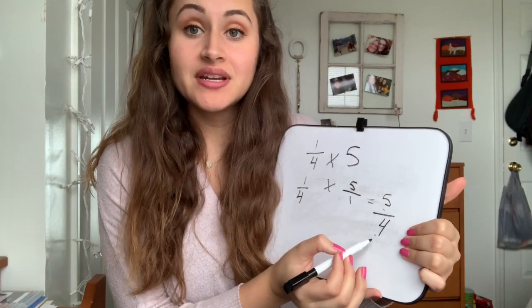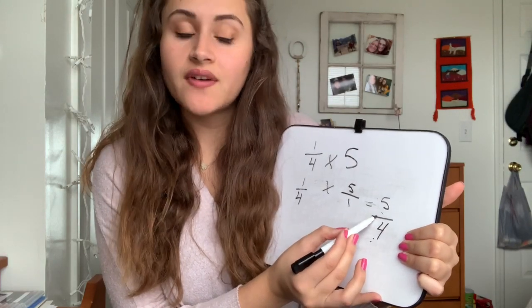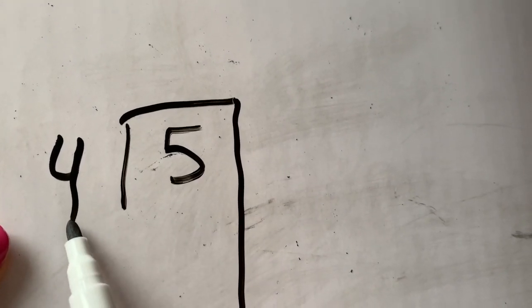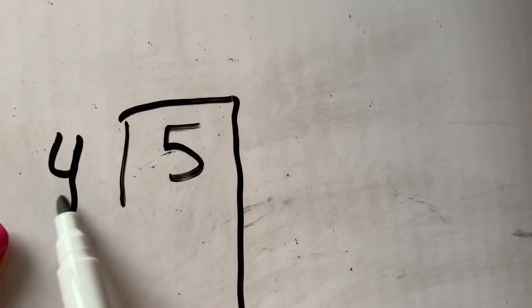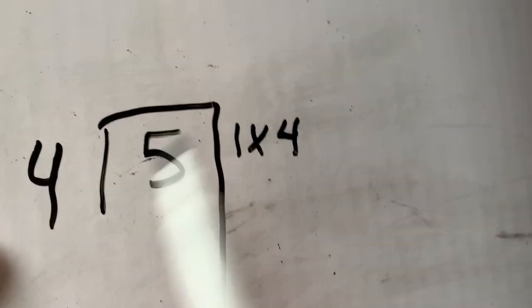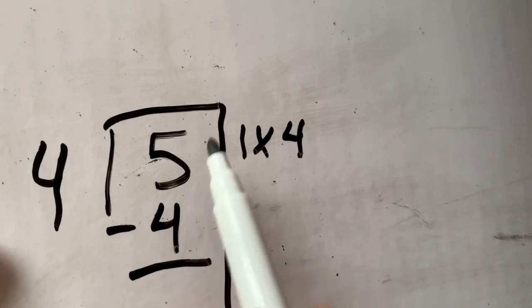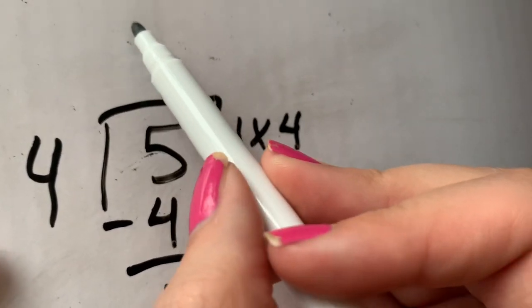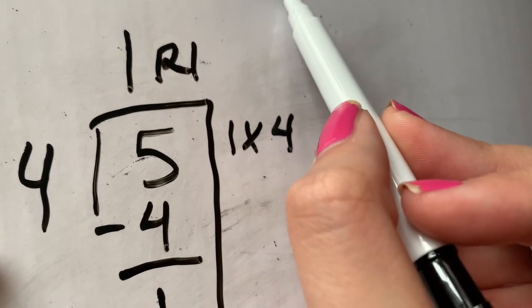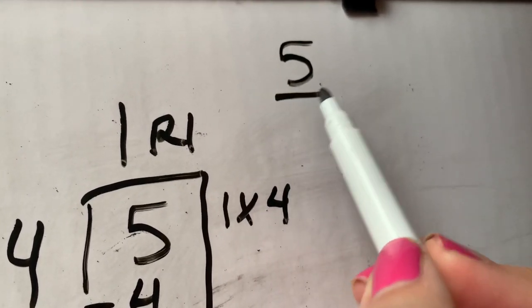We're trying to see how many times 4 can go into 5. We know that 4 can only go into 5 one time. When we subtract this, we get 1. So we know our answer is 1 with remainder 1, and this was our original fraction that we were changing.